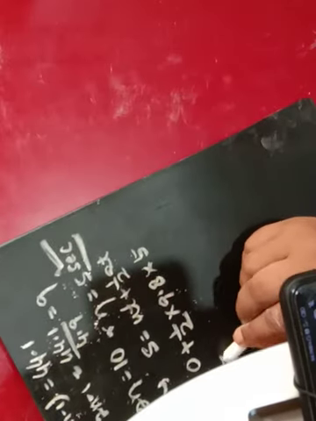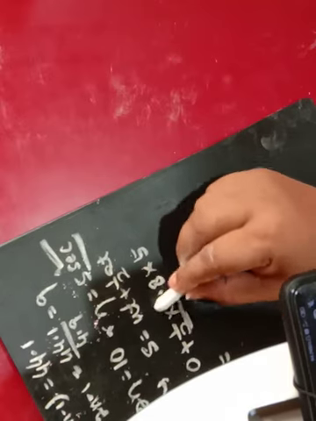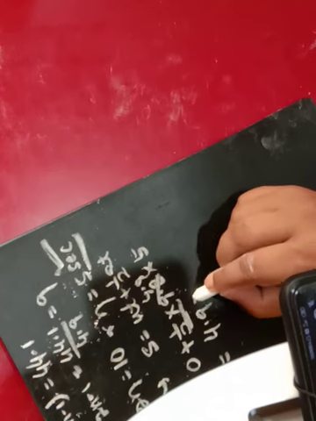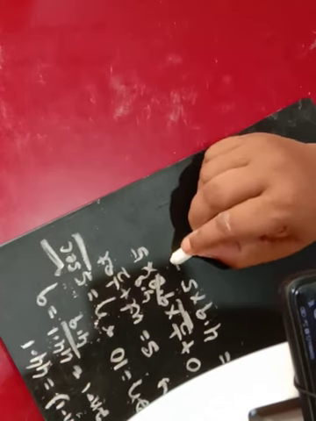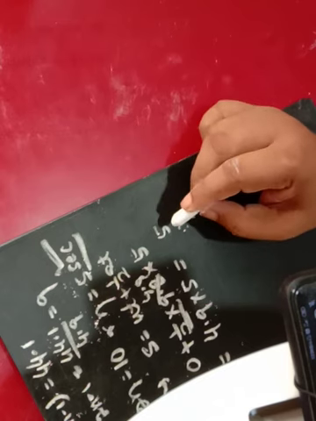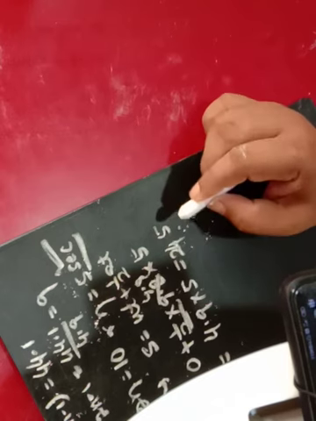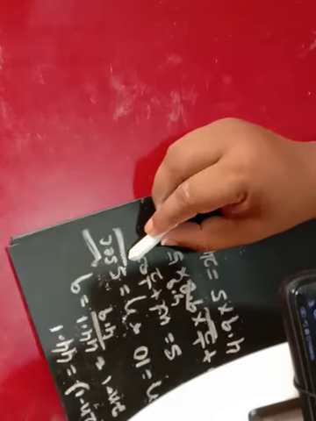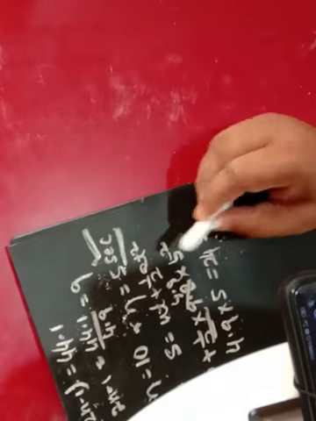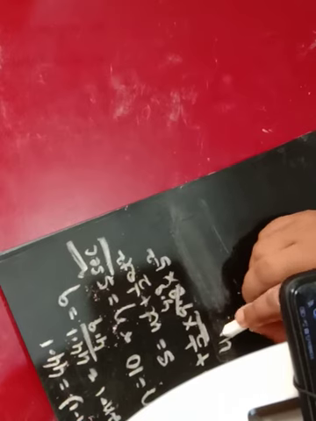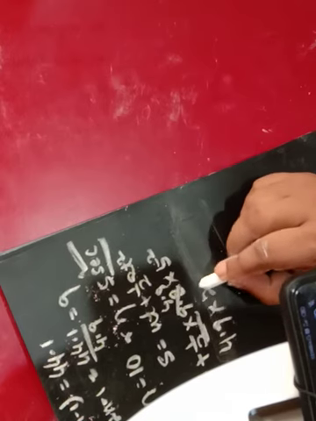So this is equal to 4.9 into 5 square, that is 25.